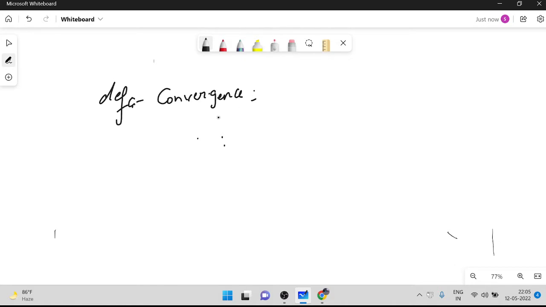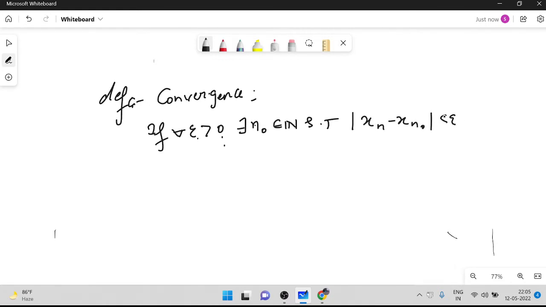A sequence is said to converge if for every epsilon greater than 0 there exists an n naught in N such that mod of xn minus x is less than epsilon for all n greater than or equal to n naught.